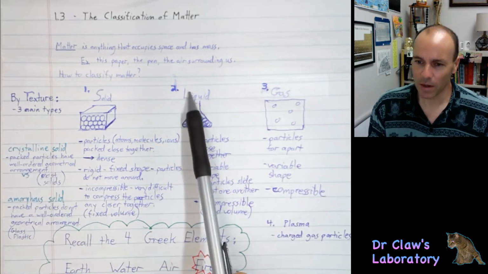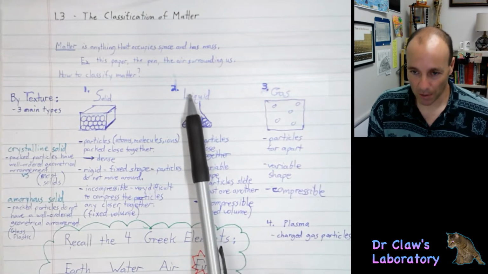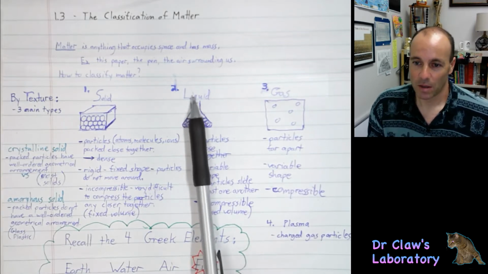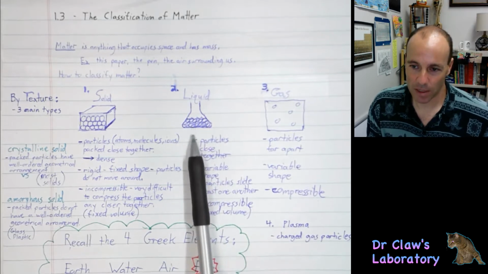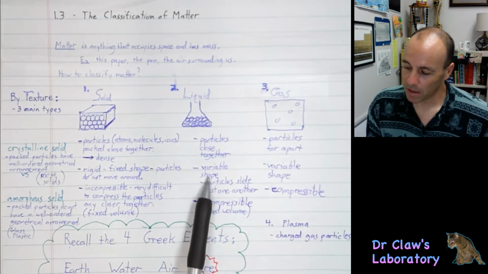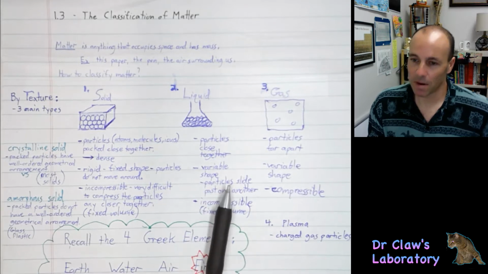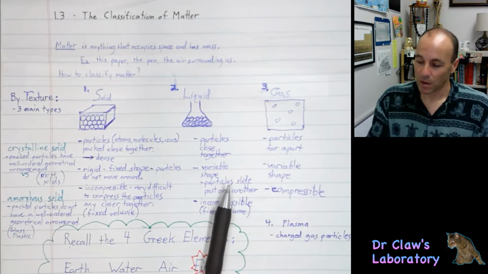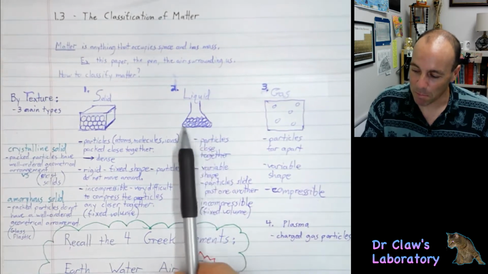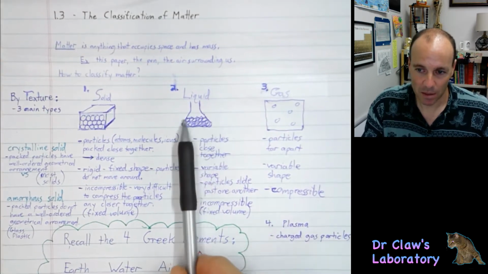Liquids are a different category. In liquids, the particles are also packed closely together, but this time they're able to slide past one another. Liquids flow. So there is a lot of mass in this small space.